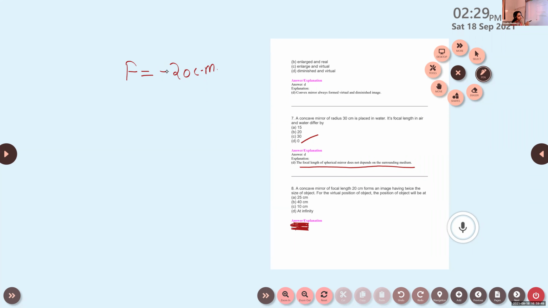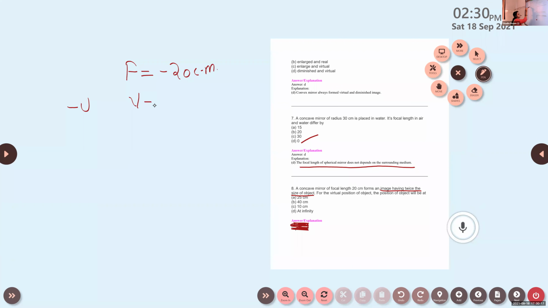Then another clue is here. It forms an image having twice the size of the object. We know that object distance is taken as minus u. Object is always kept on the left side of the mirror, so according to Cartesian sign convention, it should take a negative value.